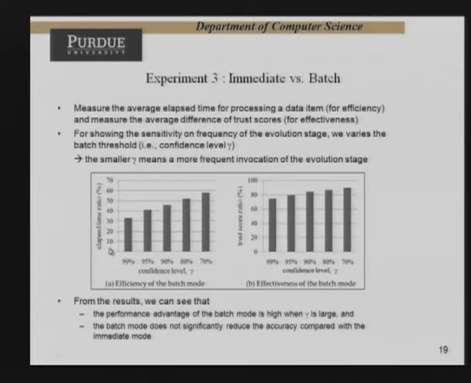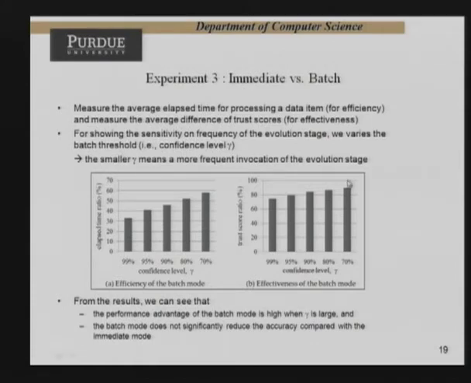Then obviously with the less frequent computation, compared to the immediate mode, it only takes 30% of the computation time. But it still has more than 70% correctness compared to the immediate mode.